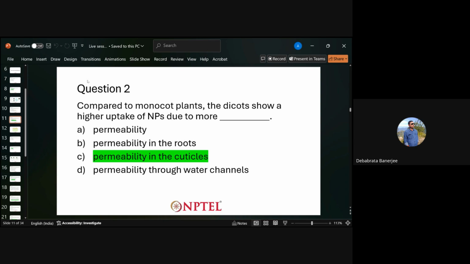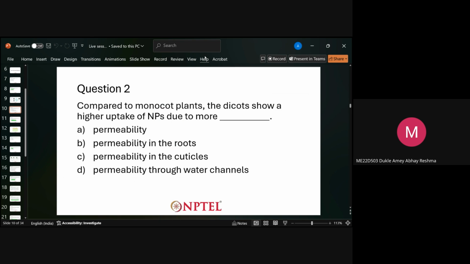So basically, compared to monocot plants, dicot plants show higher uptake. The cuticles of dicots have a higher permeability. Permeability is basically the pores between the tissue. Tissue is not a single material, right?